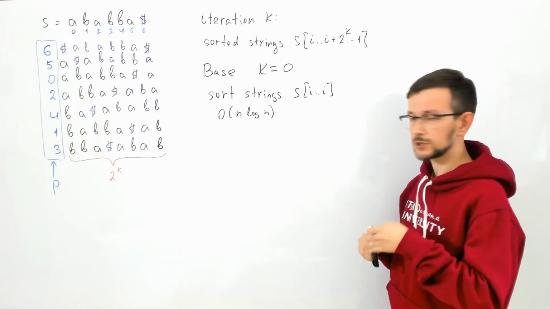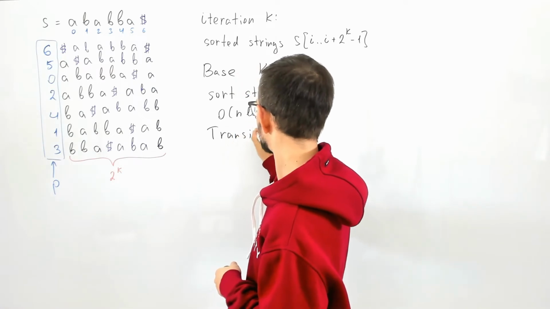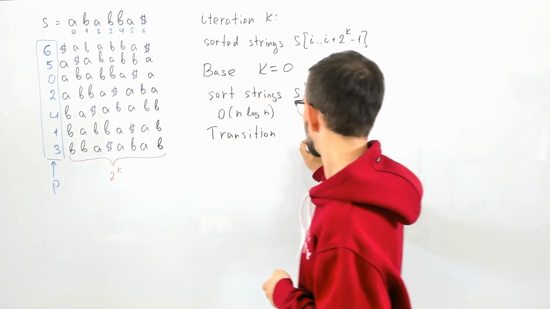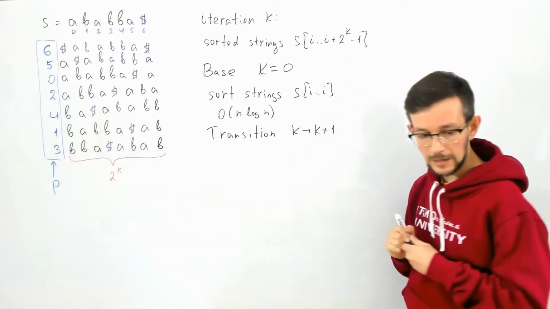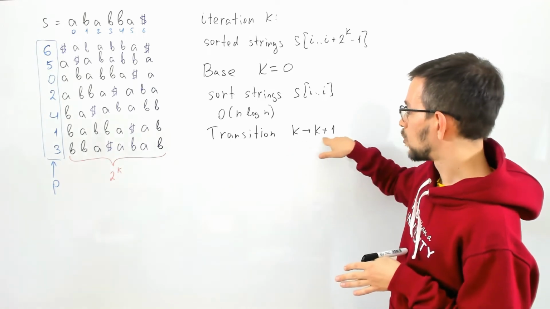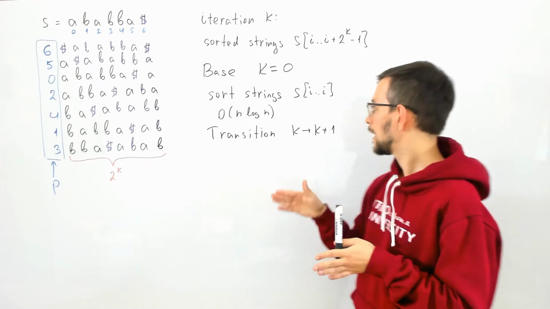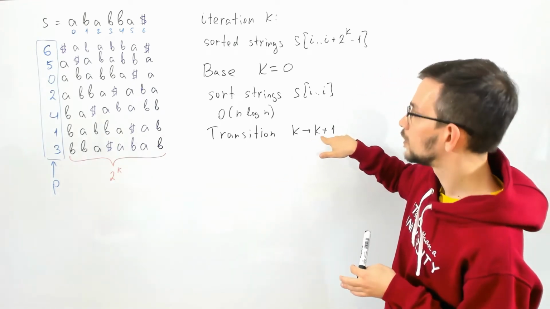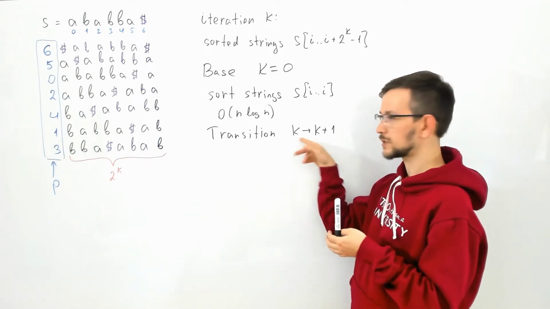Now the interesting part. We need to make a transition from k to k plus 1. And that's interesting. So what we have here. On the previous iteration, we have sorted strings of length 2 to the power of k. And we need to sort strings of length 2 to the power of k plus 1 using this sorted array.